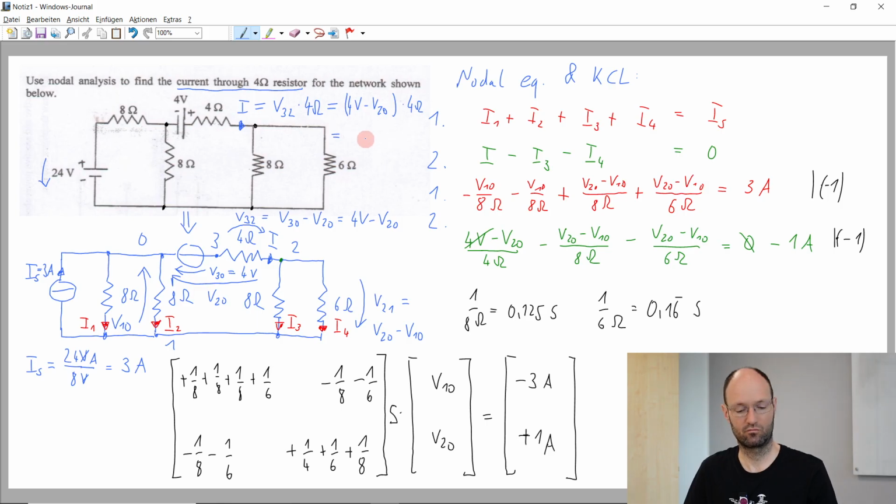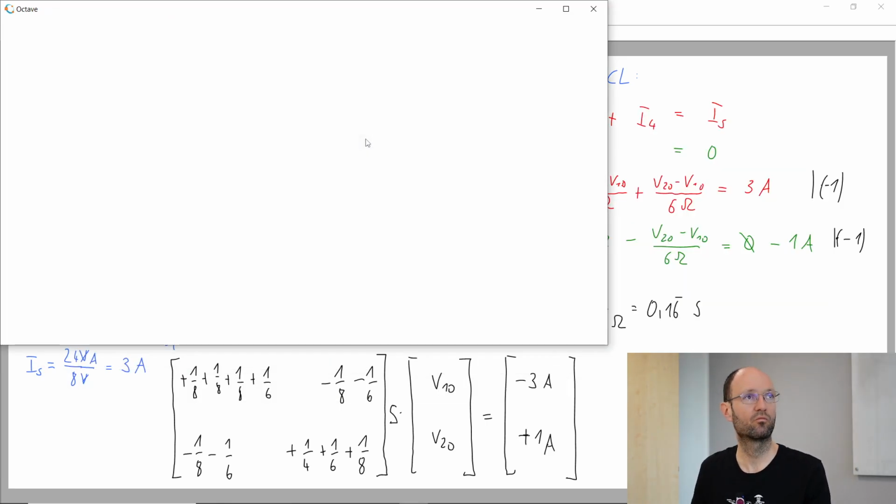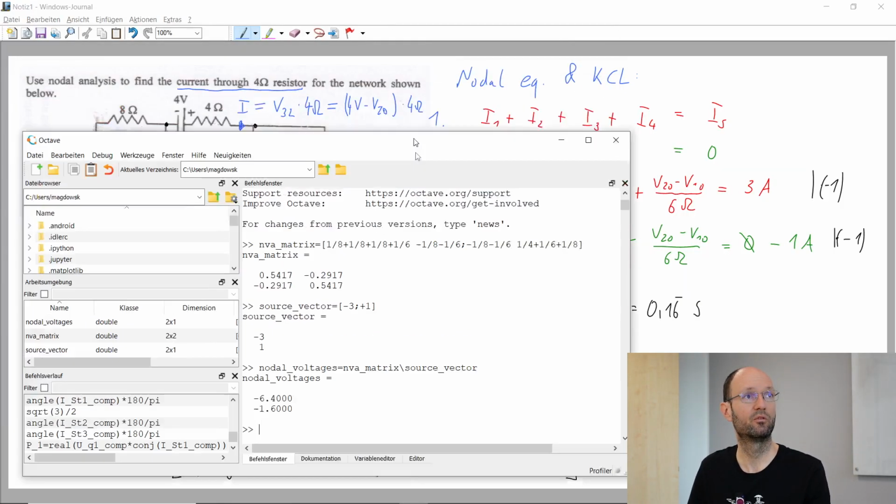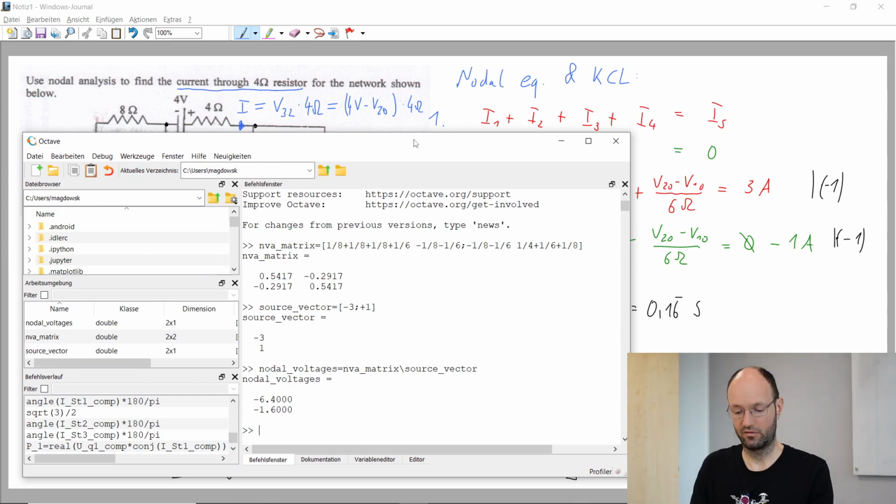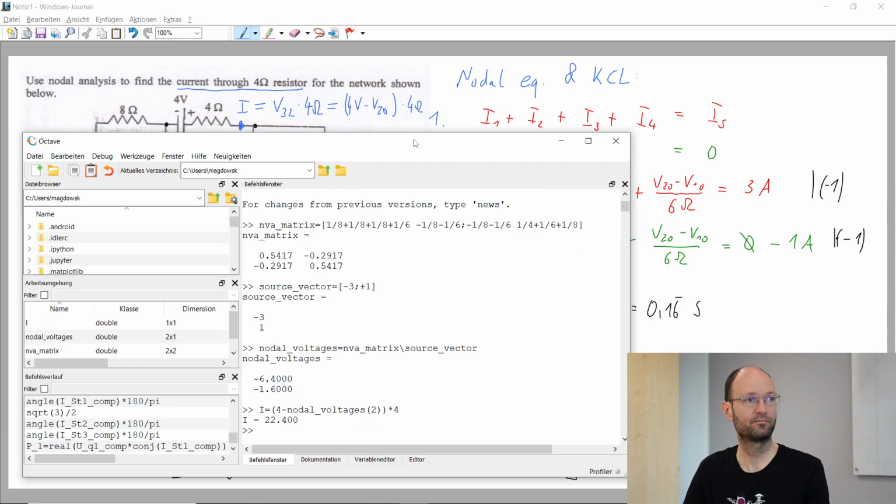And so now if we do this and say our current that we are looking for is 4 volt minus the second of these nodal voltages, and then this multiplied with 4 is... Why not divided? Why not divide? Yeah, good question. I think you are totally right.